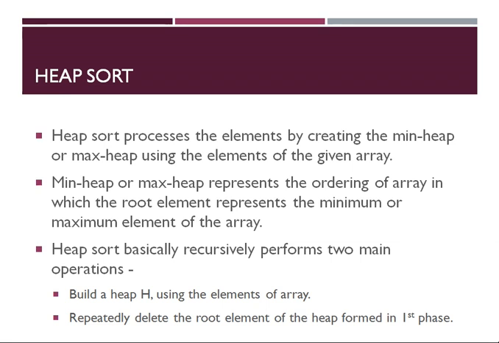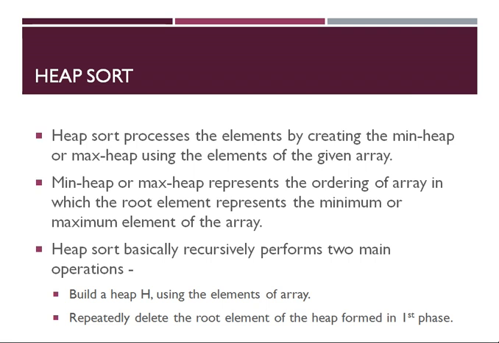Whereas in the case of max heap, the parent node will have the highest value as compared to the child nodes. So in heap sort, we put the elements by creating either a min heap or a max heap.